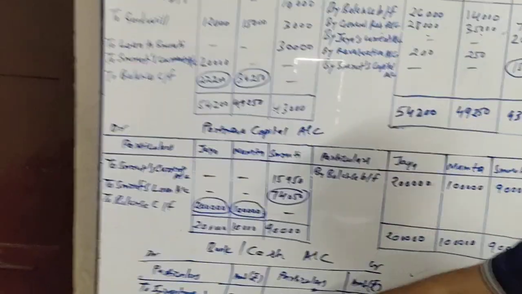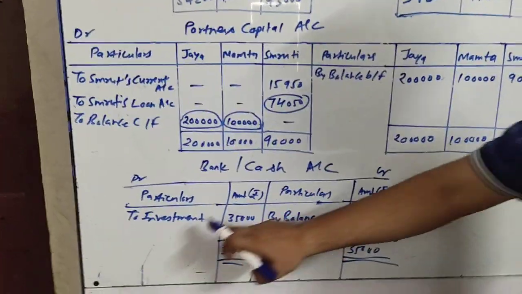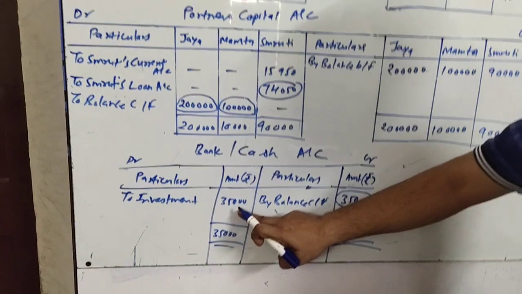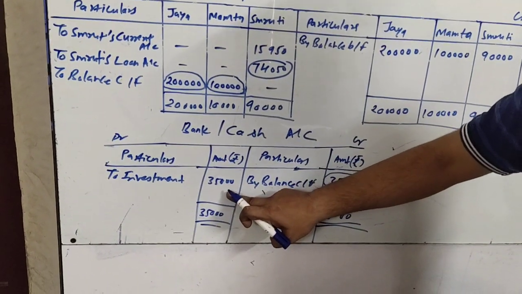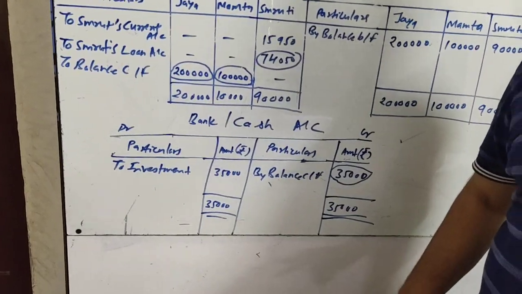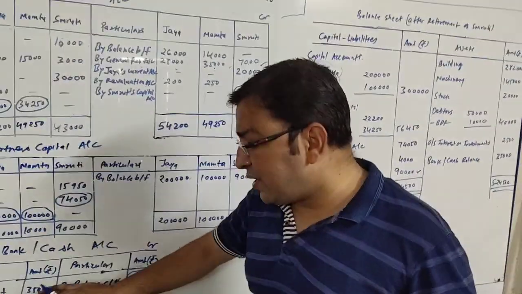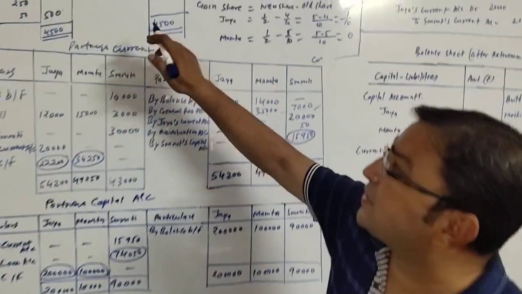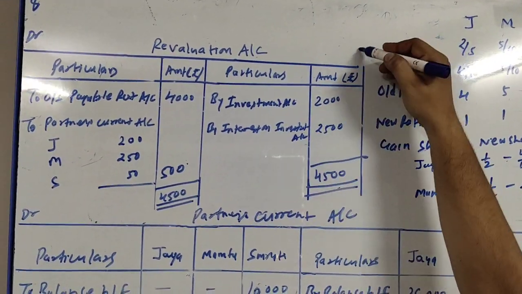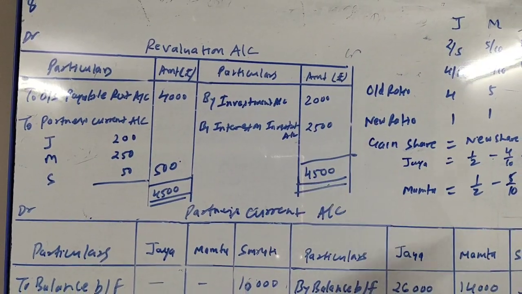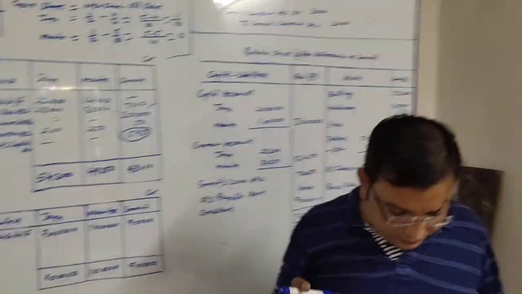So here it is, cash or bank account to investment account 35,000. Again I tell you, it is 35,000 here because we are selling it for 35,000, and its cost in the books is rupees 33,000. So there is a profit of 2,000 which is credited to revaluation account, investment account. How much? Rupees 2,000. Next one.